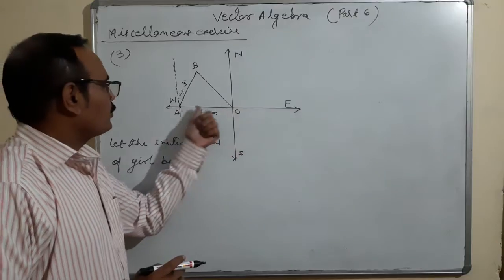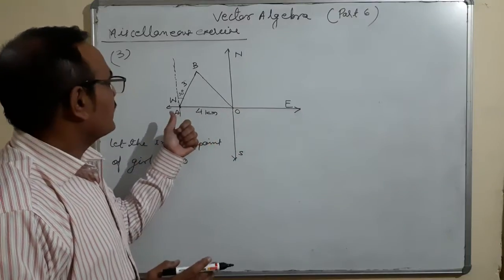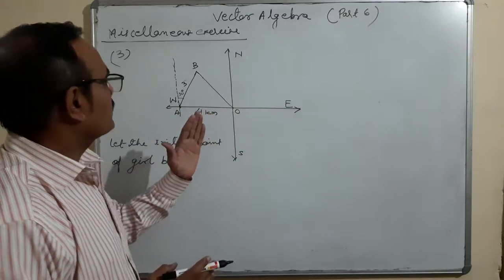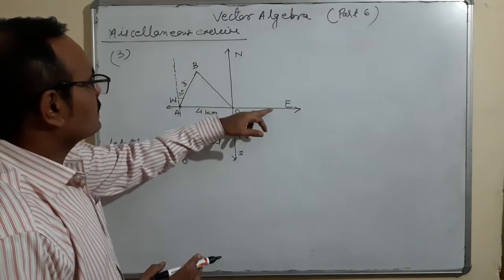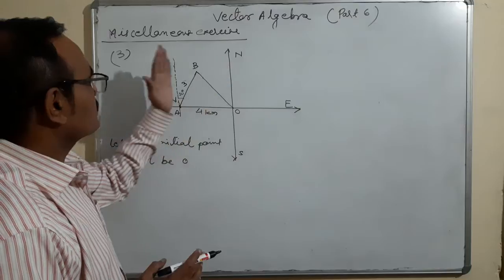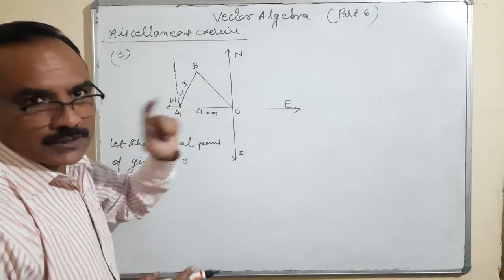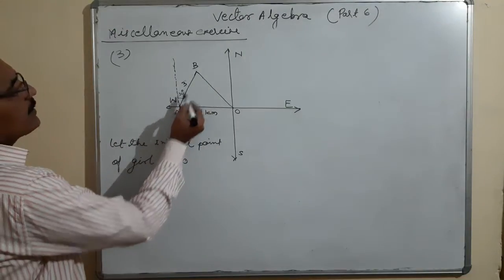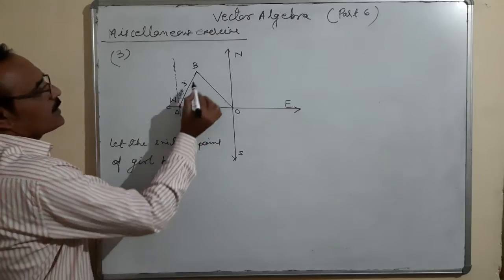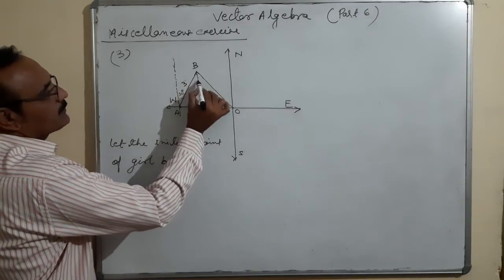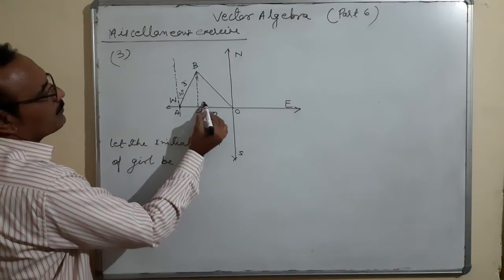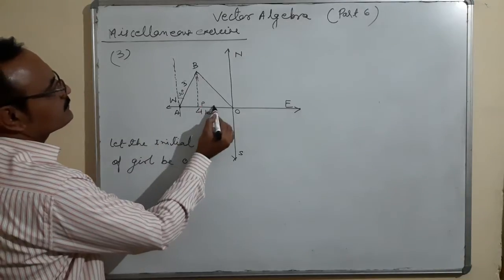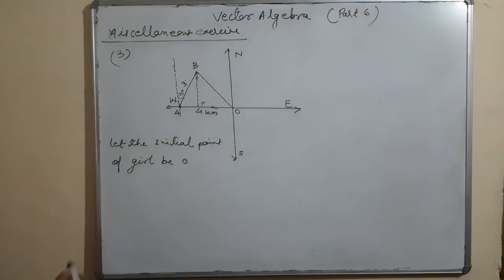She walks 4 kilometers towards west and after that she walks 3 kilometers at 30 degrees east of north. This is the condition. So we'll have to draw one perpendicular here. Suppose this point is P. So we are going to find OB.